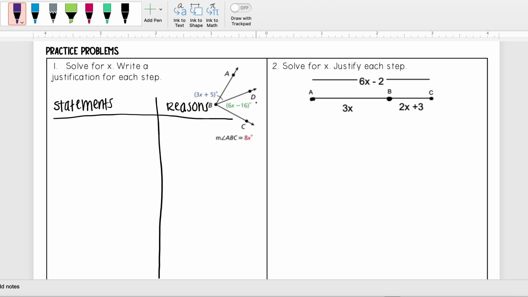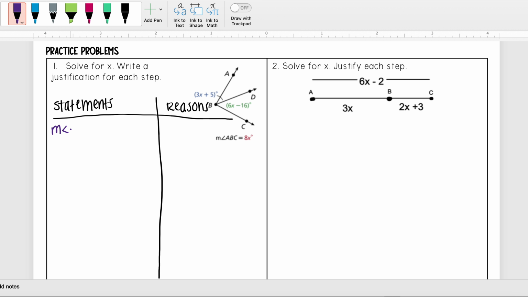And so I see I have a picture here where I'm solving for x, and there's several pieces of information that I'm given here. First, I'm given that the measure of angle ABD is 3x plus 5 degrees. So I want to write that in as something that I'm given.